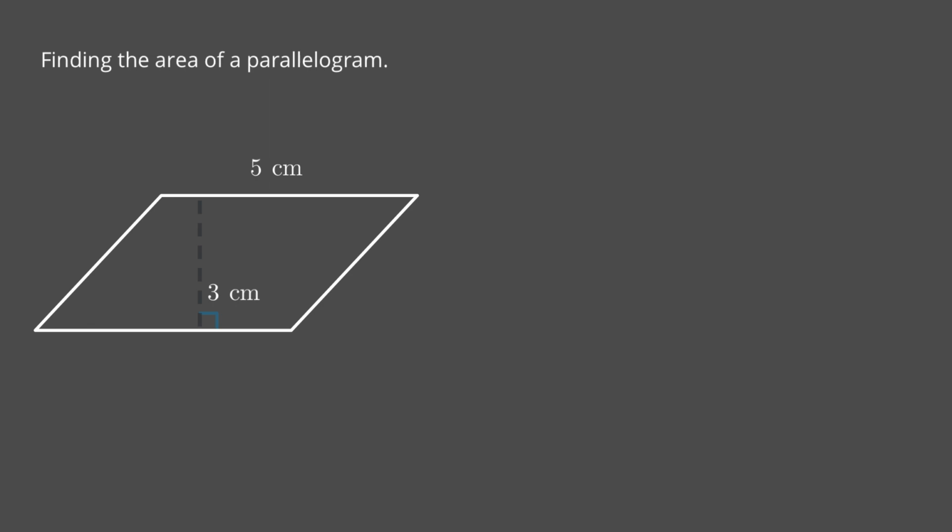For these shapes, it should be no surprise that we are also going to use the formula area is equal to base times height. Now, when you're talking about parallelograms, the idea of a base and a height can get a little confusing. You may think that this side over here is your height, but it's not.